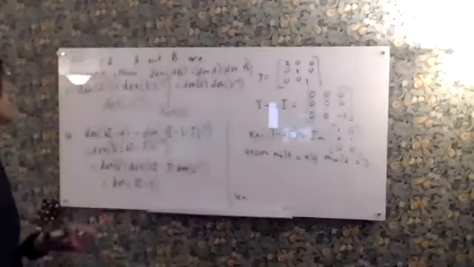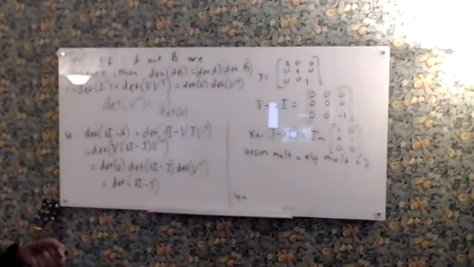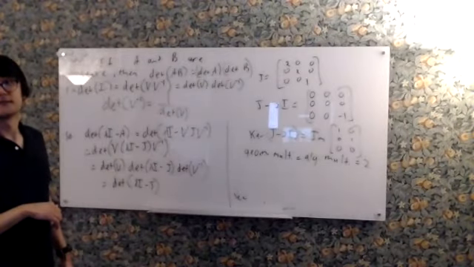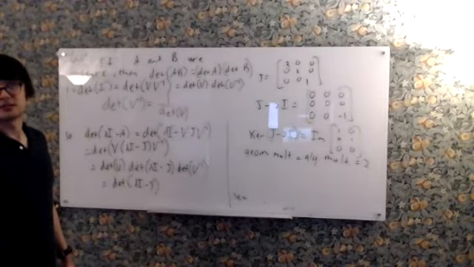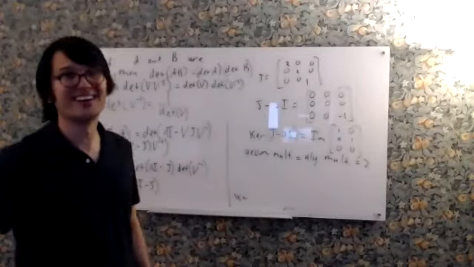If A and B are square, just so the determinants exist, then det AB is equal to det A times det B. Make sense? It's not obvious at all, but it's true.